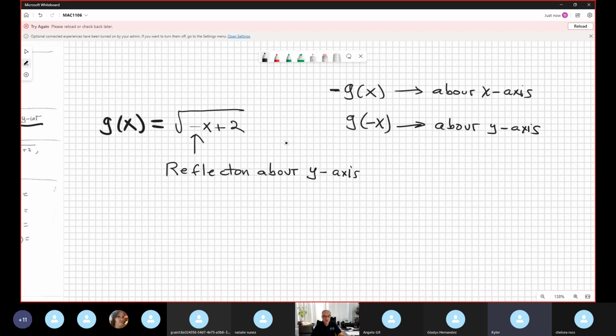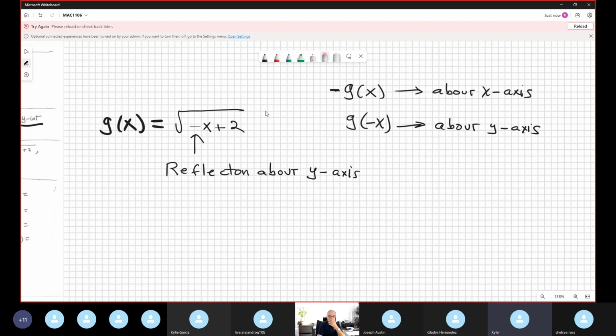Okay, but I don't see any parentheses here. Well, I suppose that the radical represents a grouping symbol. So you see the minus here outside, but in this case it's inside, no parentheses, but radical, absolute value, etc. are considered grouping symbols.